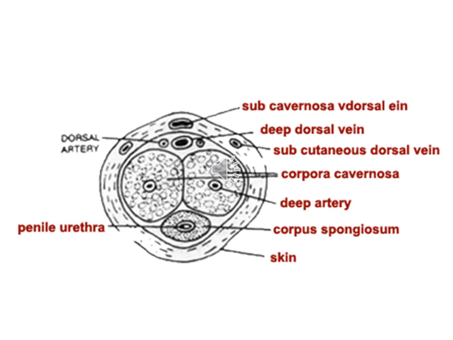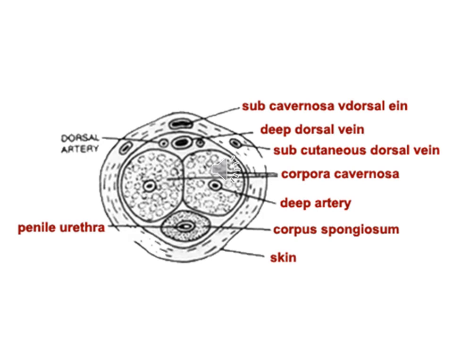Some fibers form a partition called the septum penis between these cords. The third and smaller cord or group of tissue forms the part of the penis which remains inferior and anterior in the erect penis.